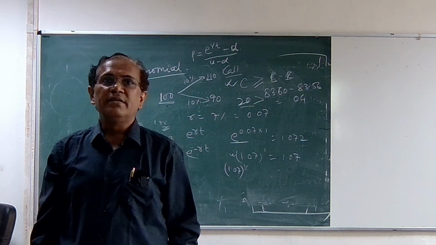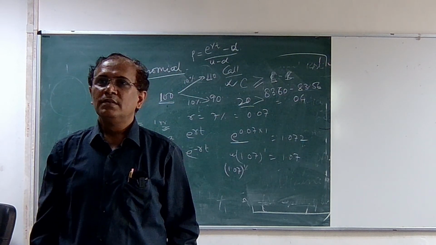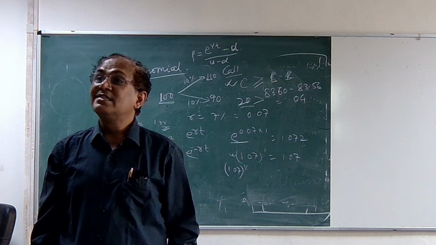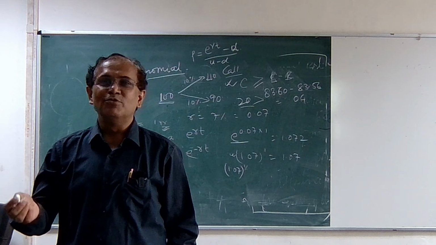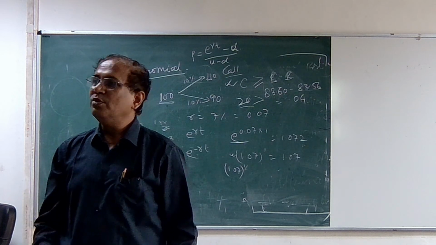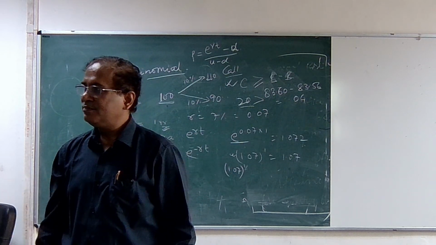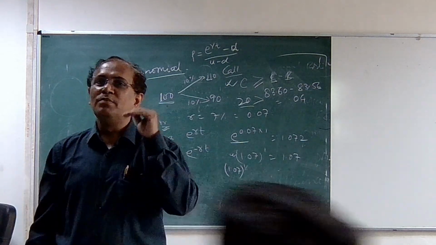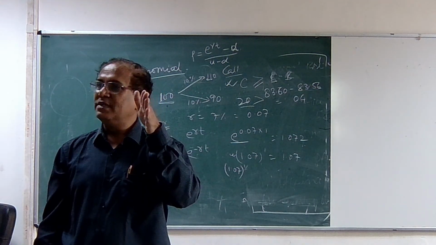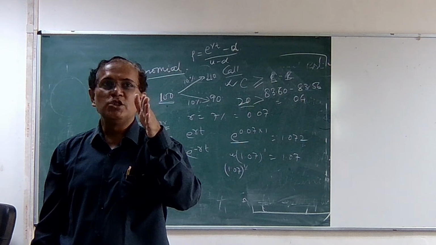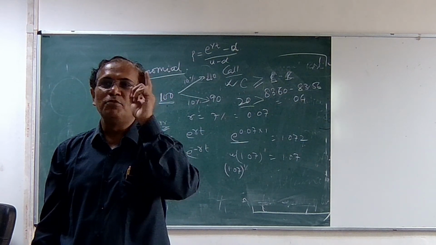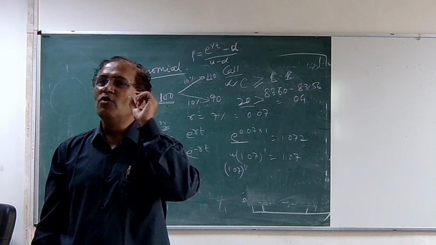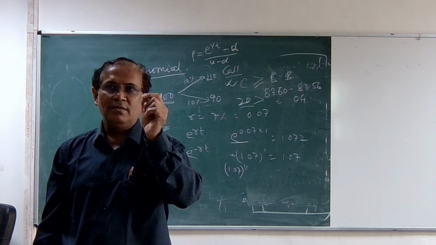e to the power RT. D is decrease, meaning downward movement, and U is upward movement. Upward movement is 10%, that is 0.1. 1 plus 0.1 is 1.1, so the value of U is 1.1.